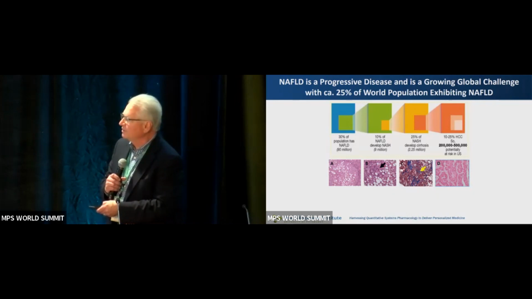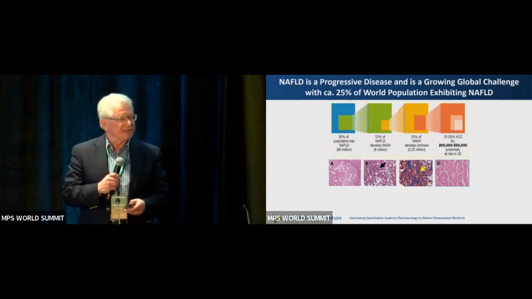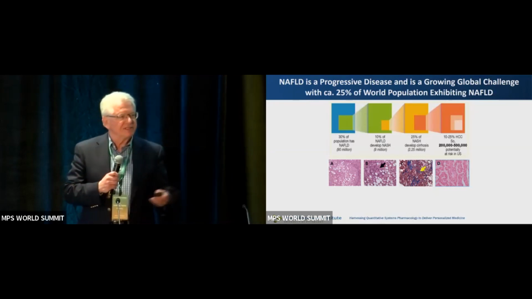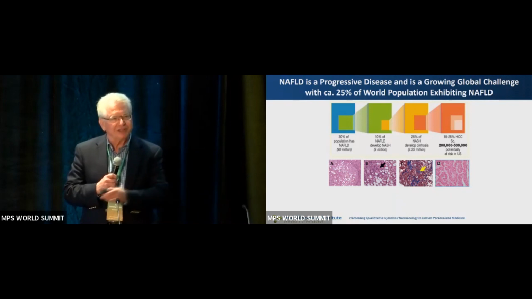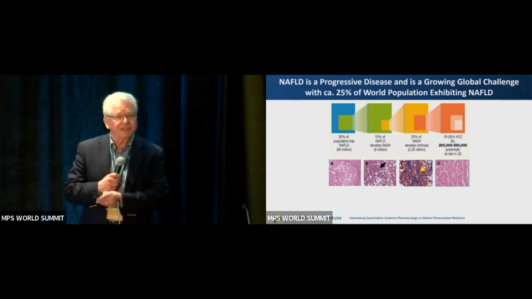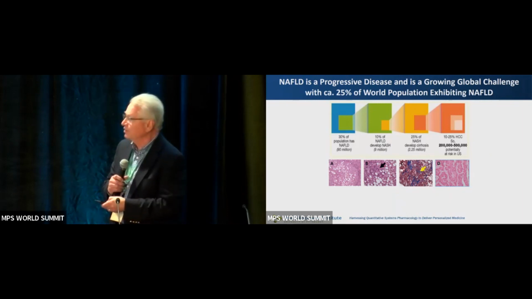A percentage of those patients go on to develop increased fibrosis that can end in cirrhosis, which is an end-stage disease. And some patients actually go on to hepatocellular carcinoma. One of the problems is this isn't a linear progression of disease. Different patients have different rates and can actually skip over different stages.